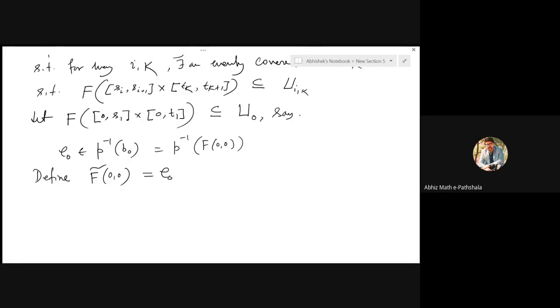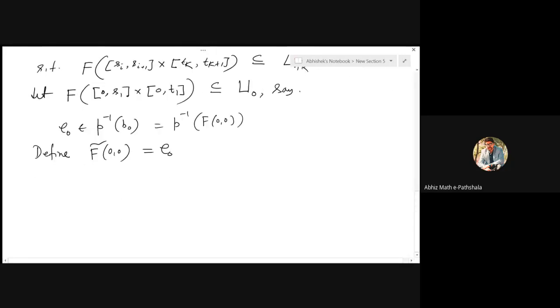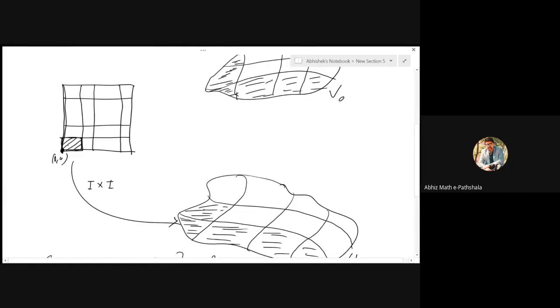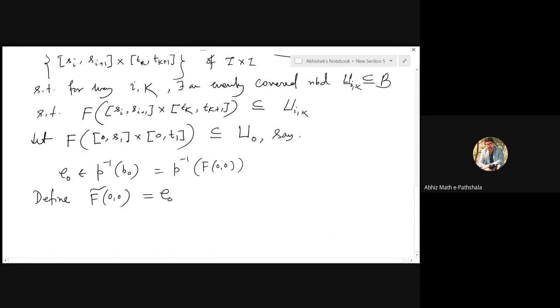Suppose this E naught is in the slice V naught. So F tilde of 0, 0 is in the slice V naught.